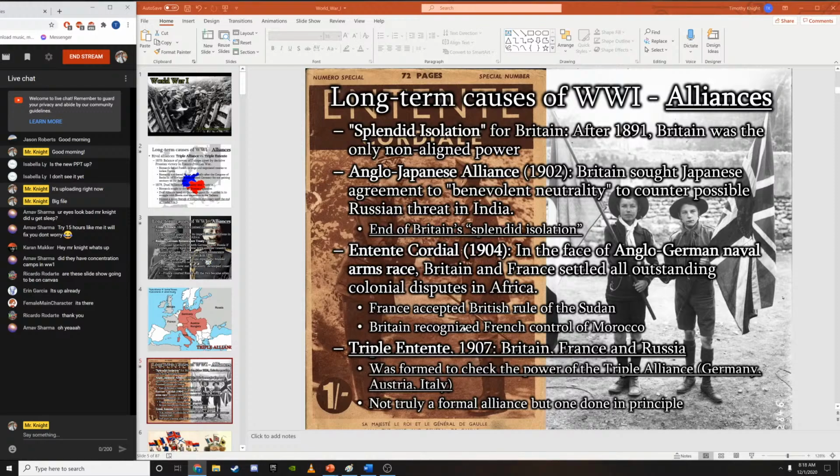So this Entente Cordiale is in the face of the Anglo-German naval arms race, which was happening at this time. All that means is the English-German Navy buildup that was occurring during this time. Britain and France settled all their outstanding colonial disputes in Africa.